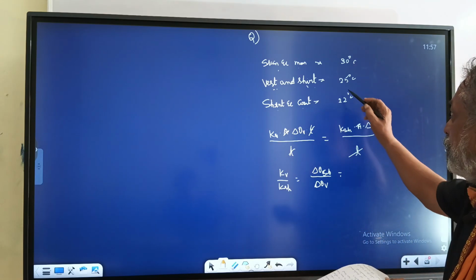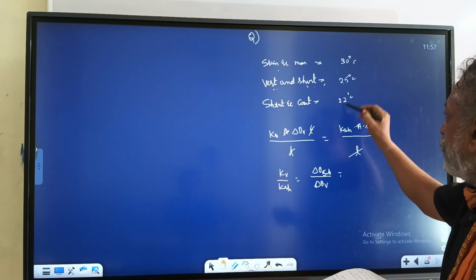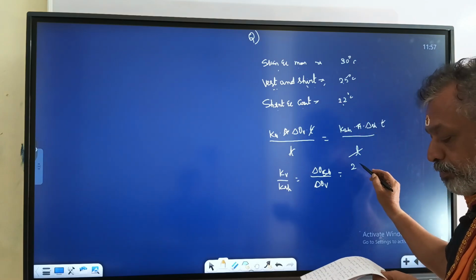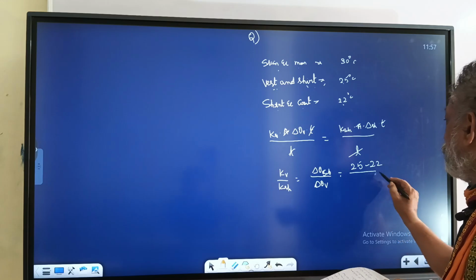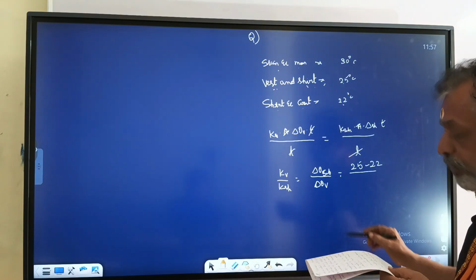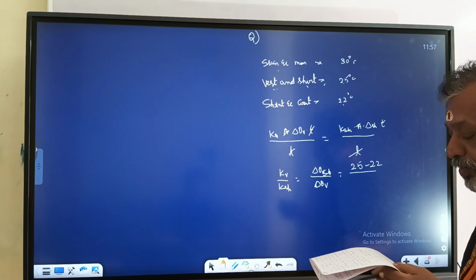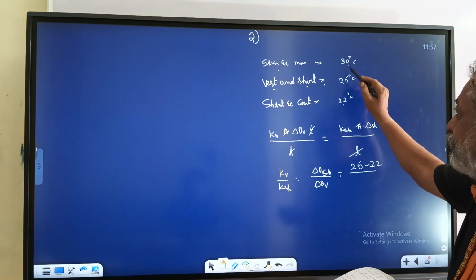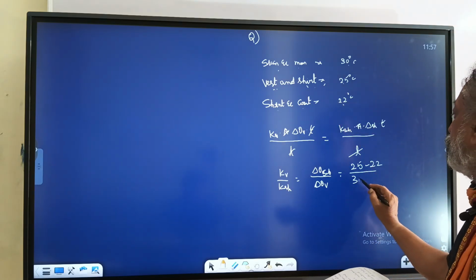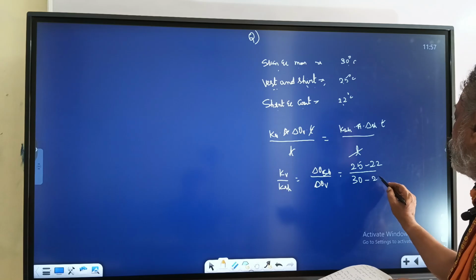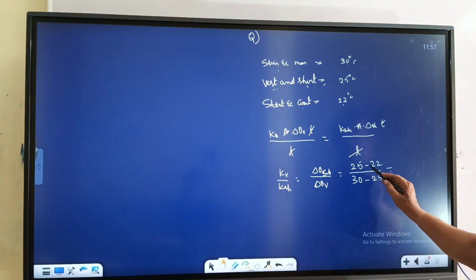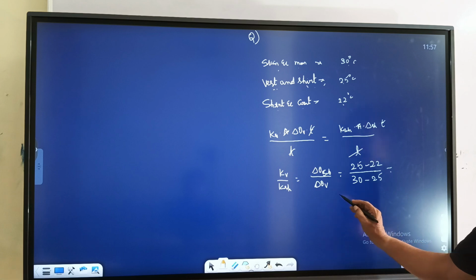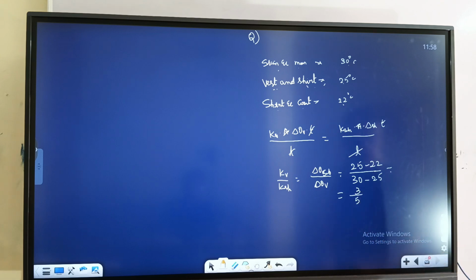Delta shirt is shirt and coat, 25 minus 22, divided by the vest, which is related with 30 minus 25. So if you subtract, this is 3 by 5. This is the ratio.